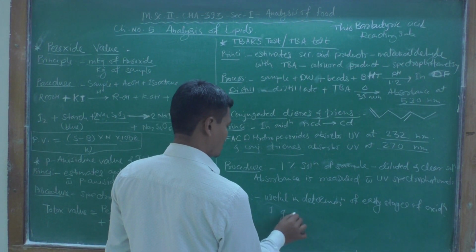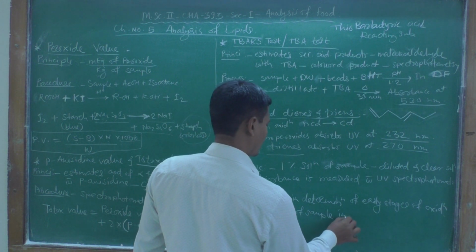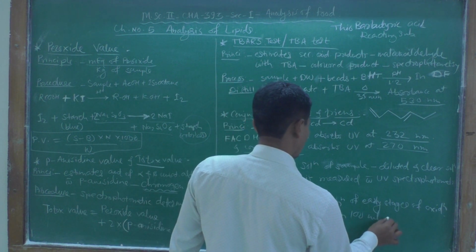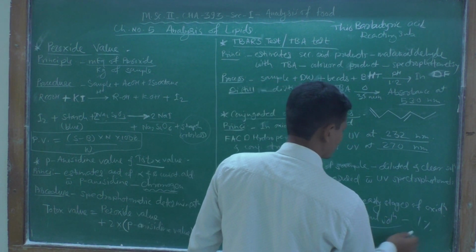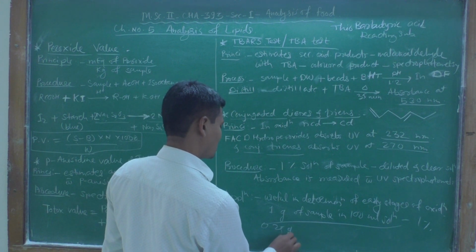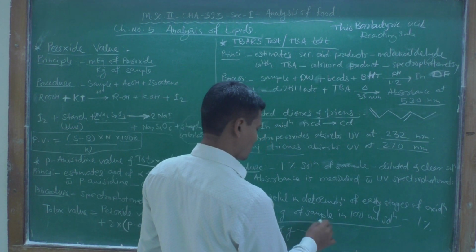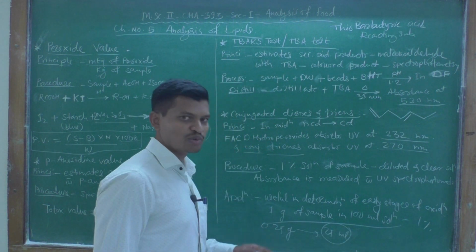For example, take 1 gram of sample in 100 ml solution, and this will give you a 1% solution. Or if you take 0.25 gram of sample, you make the solution up to 25 ml. That is also a 1% solution.